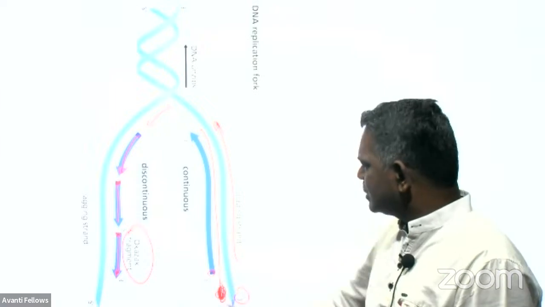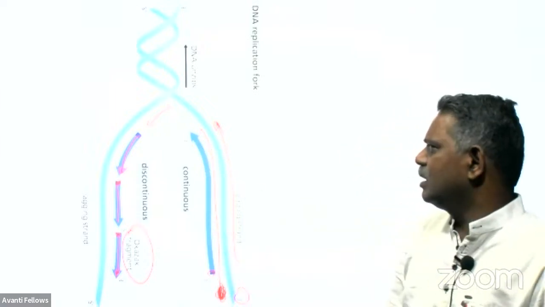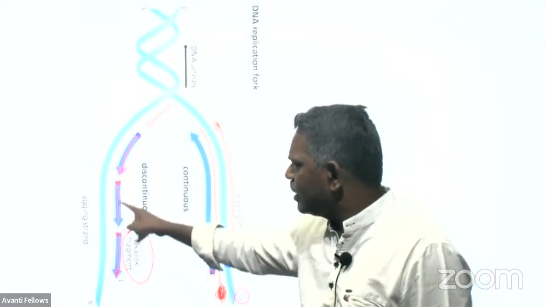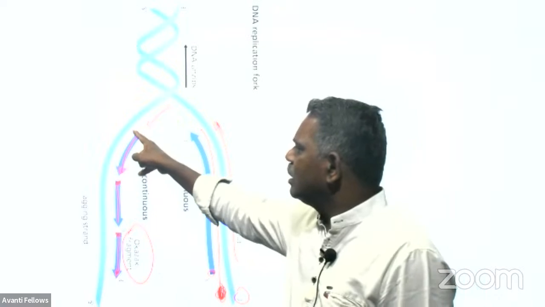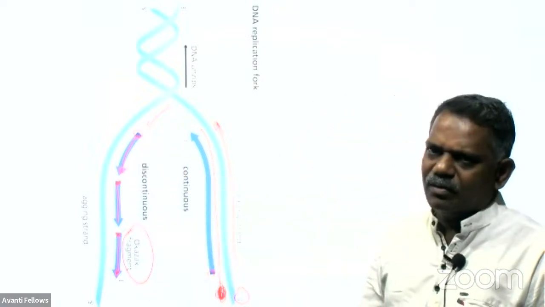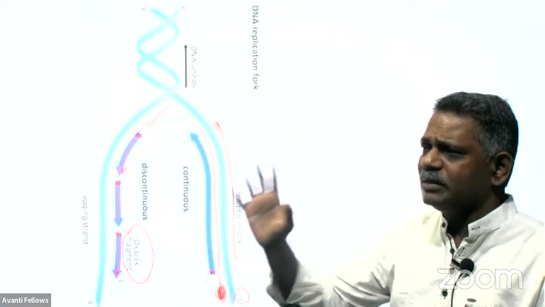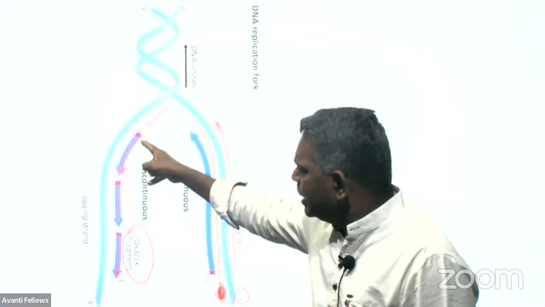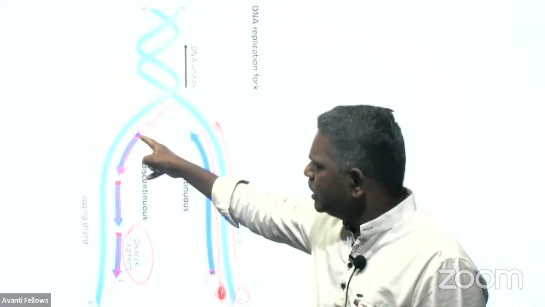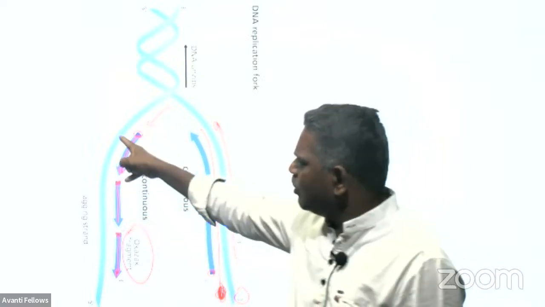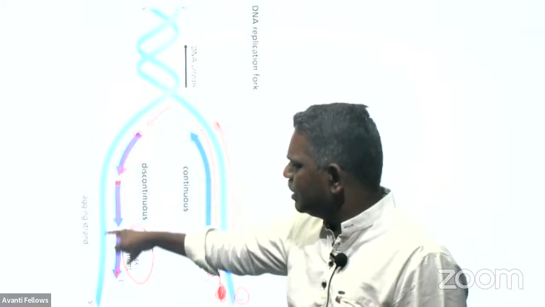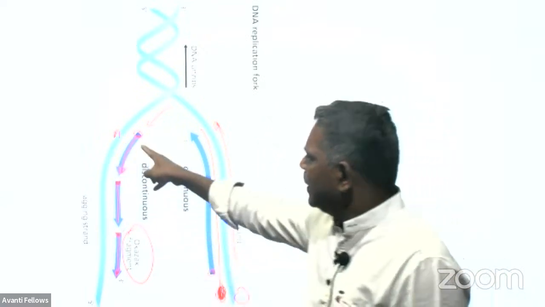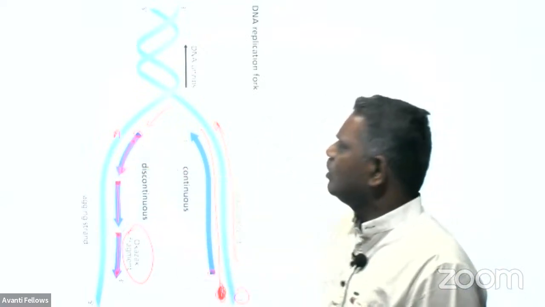Only one primer is required to elongate a new strand here, whereas on this side, for constructing every Okazaki fragment, RNA primers are required, because the RNA primer is for attaching the DNA polymerase enzyme, and this DNA polymerase enzyme places the deoxynucleotides one after another according to the nucleotide present in the master strand. Suppose in the master strand A is there, so naturally the nucleotide having T is placed here.